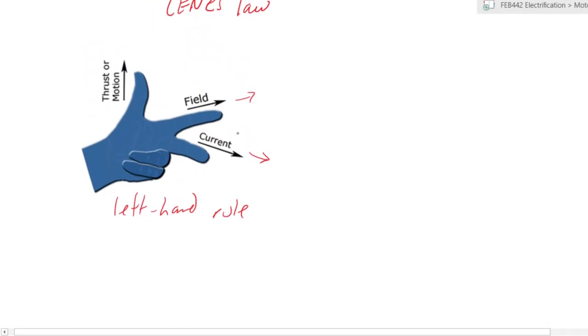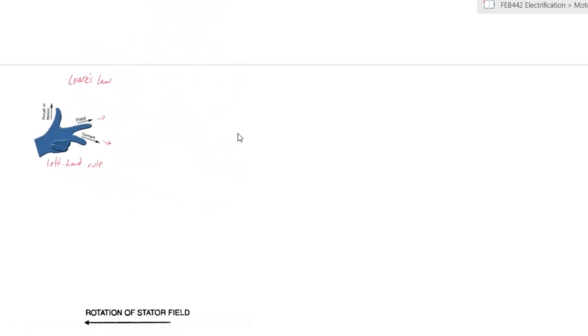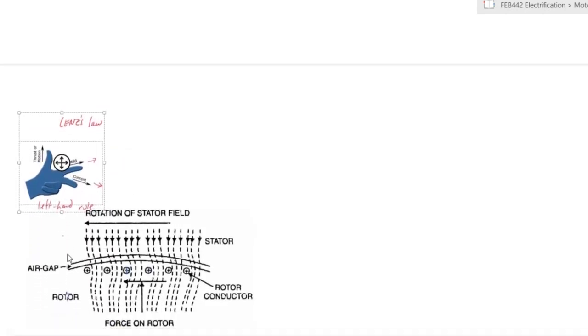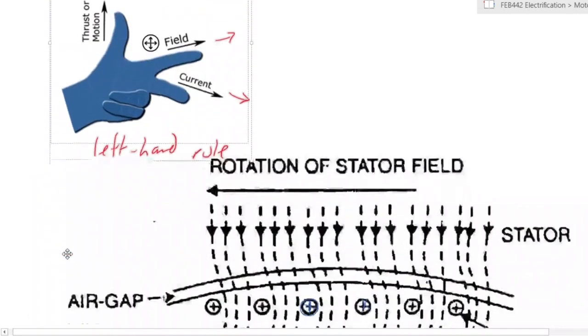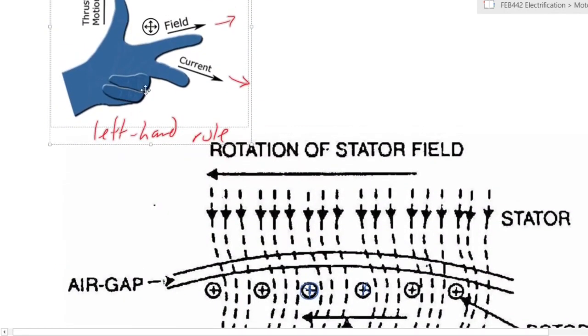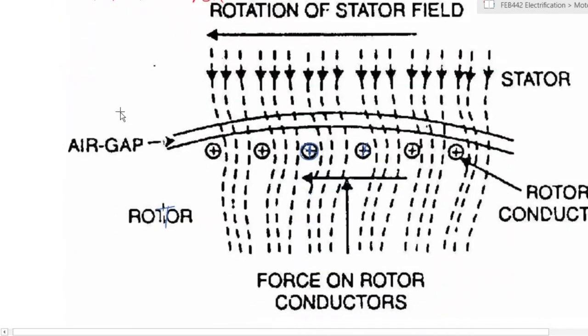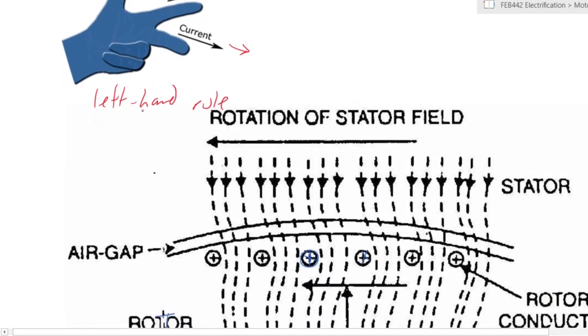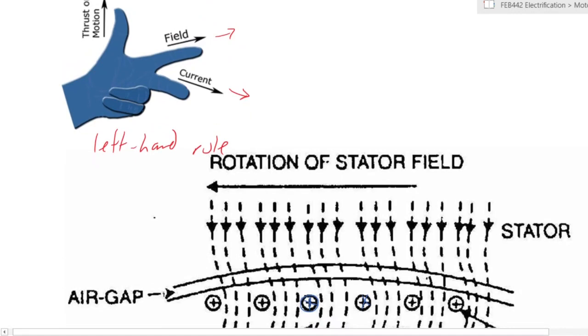So if you look at it from that point of view, you have your left-hand rule, which states that if you put your fingers at right angles to each other, the index finger is pointing to the direction of the field.